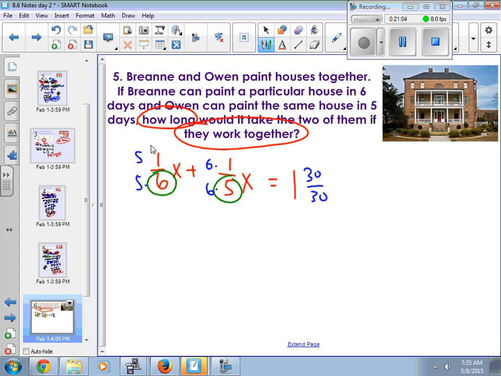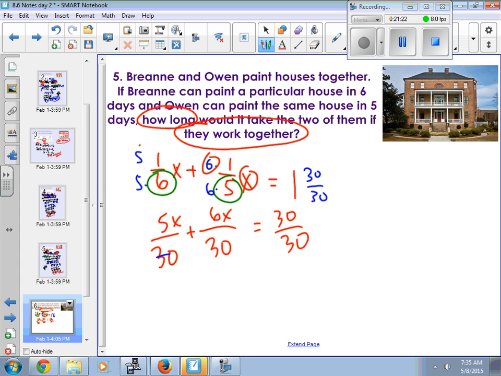So what we end up with here is 6 times 5 is going to be 30. On top we got 5 times x is 5x. Here we got 30 on bottom again. 6 times x is 6x equals 30 over 30. Once you get that same denominator, we don't need to worry about it anymore. Add up the numerator, you got 11x equals 30.